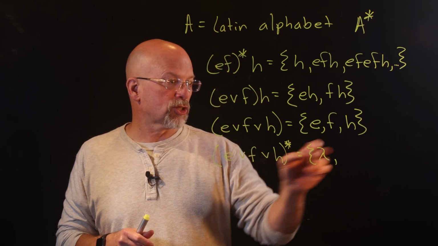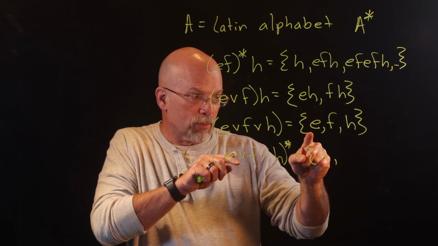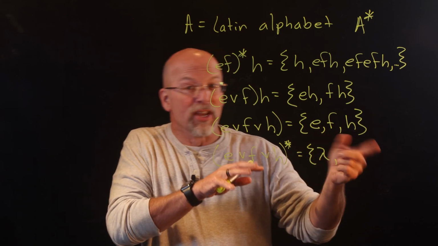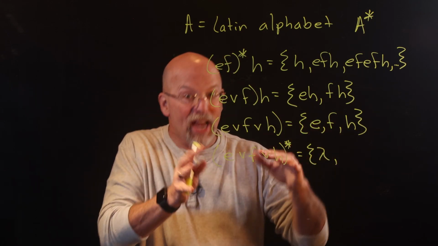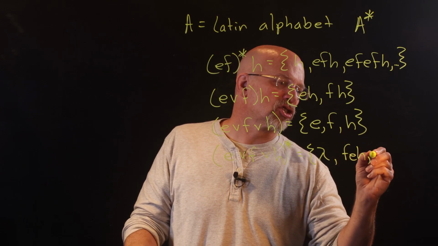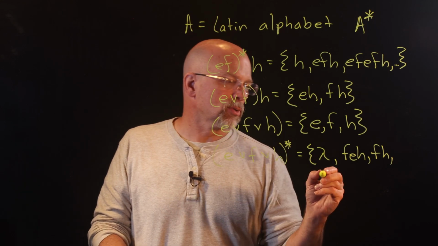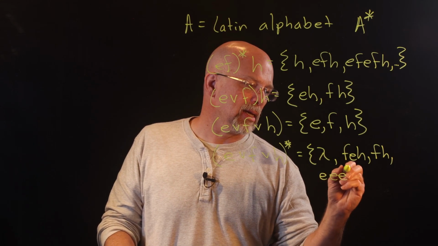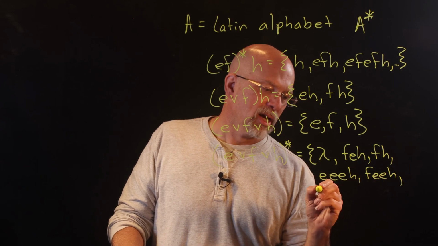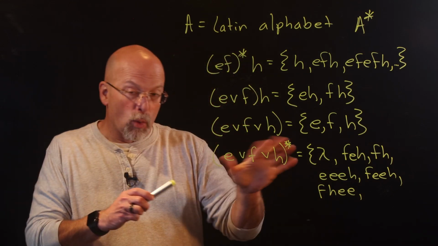Well, this regular expression generates this set right here. And so when you look at this set, you just pick one of them, and you can concatenate it with another one of them, which you can concatenate with another one of them. And so you can get basically any string that can be created from those three letters. So E, E, E, H, F, E, E, H, F, H, E, E. I mean, the order doesn't matter.